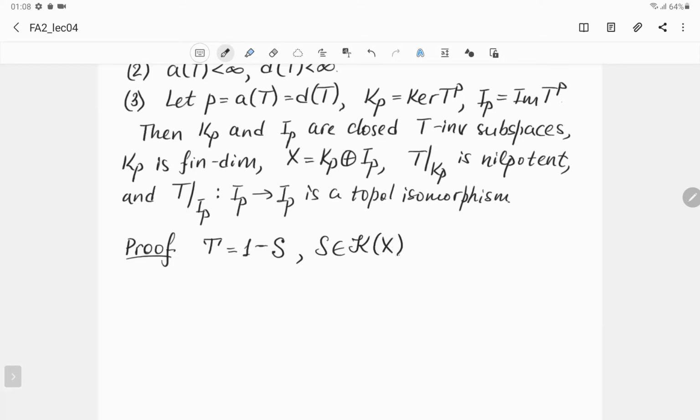Now the proof will be divided into several steps. Step 1. Let's show that the kernel of T is finite dimensional and the image of T is closed.